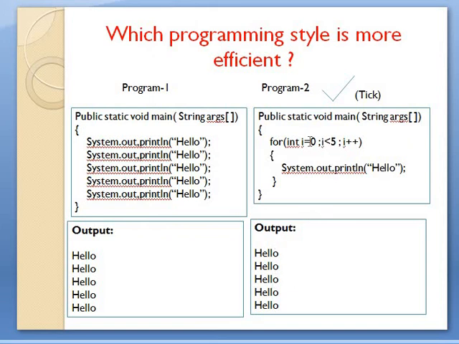As the initial value of i has been assigned as 0, and the satisfying condition is i less than 5, the value of i will range from 0 to 4, which prints the word hello for i equal to 0 the first time, again prints hello for i equal to 1 the second time, then again prints hello for i equal to 2 the third time, then again it prints hello for i equal to 3 the fourth time, and last hello for i equal to 4 during the fifth time.